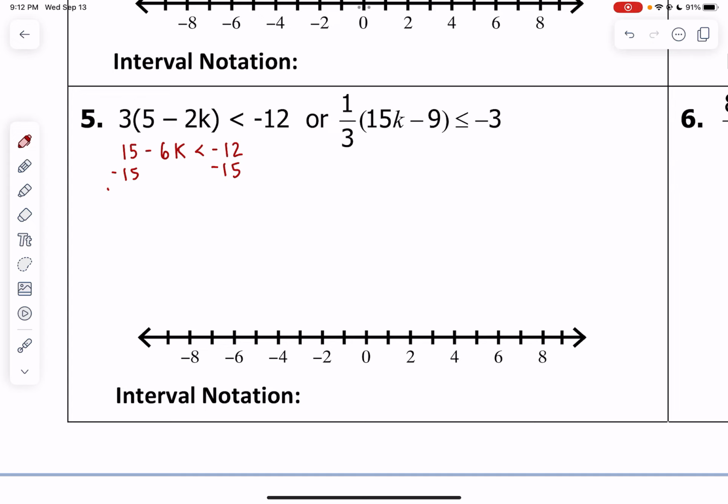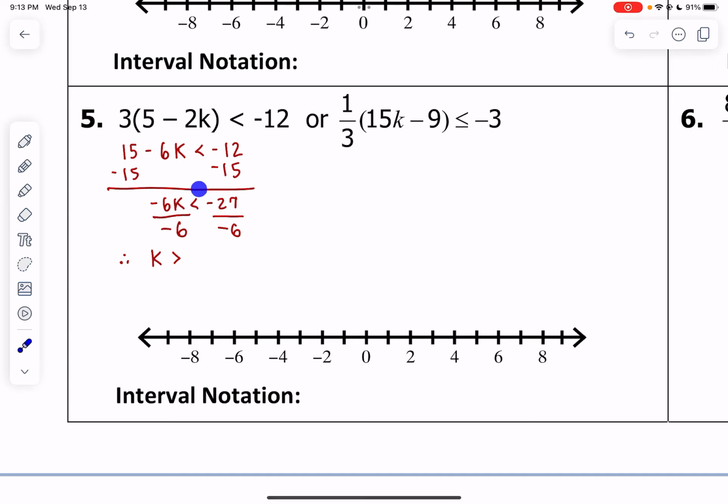And you should be left with negative 6k is less than negative 27. Now we divide by negative 6 on both sides. So therefore, your k is greater than, please don't forget this important point. Whenever we multiply or divide by a negative number, we have to switch the inequality sign.